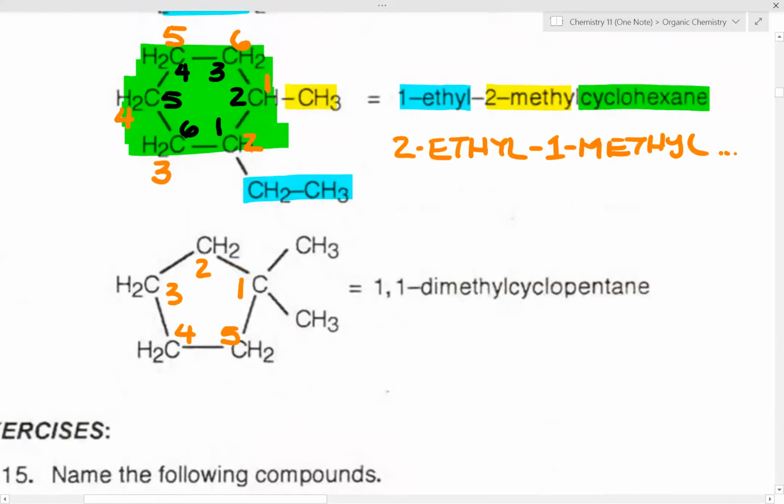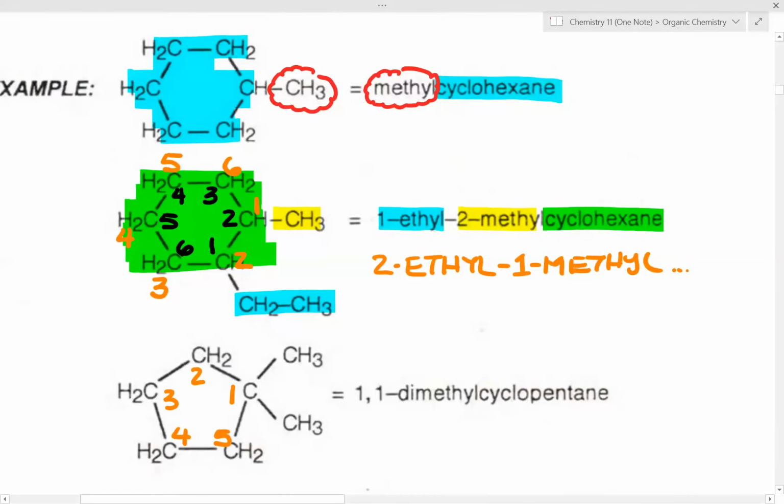Please note the difference between up here with no number, down here with a number. Why did this one have to have a number? Because they have more than one grouping attached to the main branch. So again, all of these follow the rules that you had learned from day 1.